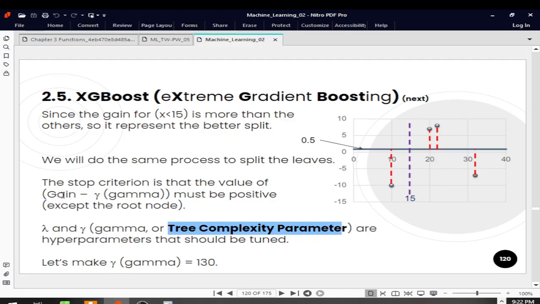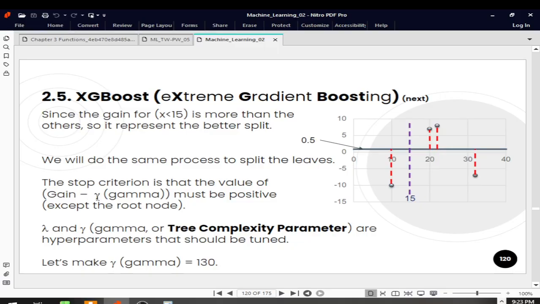As you can see, this is a trade-off. This is something we pay for, this is what we gain. In any trade we try to make the action positive. If the gain is less than the complexity parameter, it's going to be negative, it means that we should stop. We are not going to gain anything. The expenses are more.